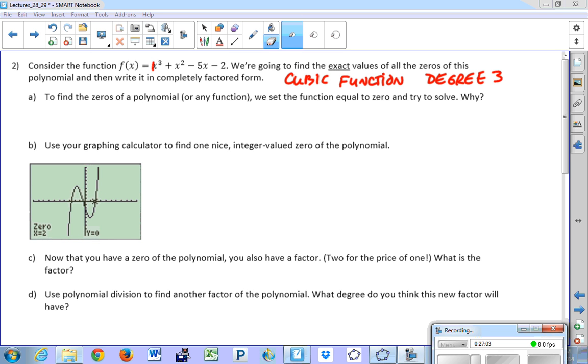So all I'm thinking of right now in my head is a set of parentheses, a set of parentheses, a set of parentheses. 3 sets of parentheses with a 1 out front, and I'm going to find the zeros, and I'll completely factor it. So to find the zeros of a polynomial or any function, we set the function equal to 0 and try to solve. Why?